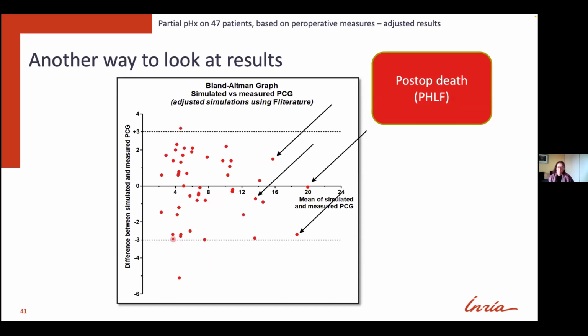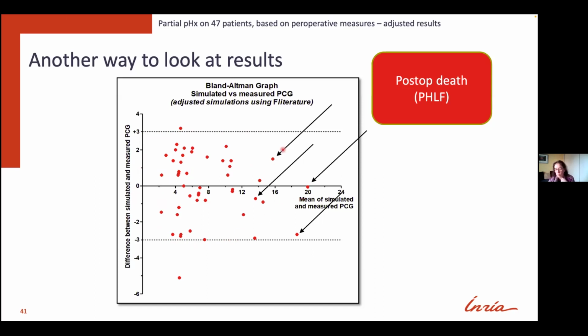Another way to look at this simulation is to look at the difference between the simulated and measured data versus the average. This is called a Bland-Altman graph. You can see that all the dots are within the tolerances that our clinical experts said are the important range to manage.